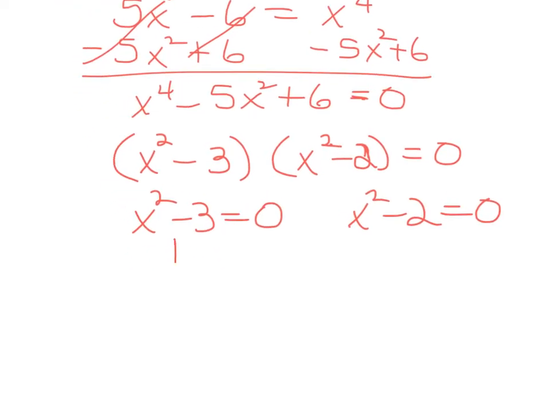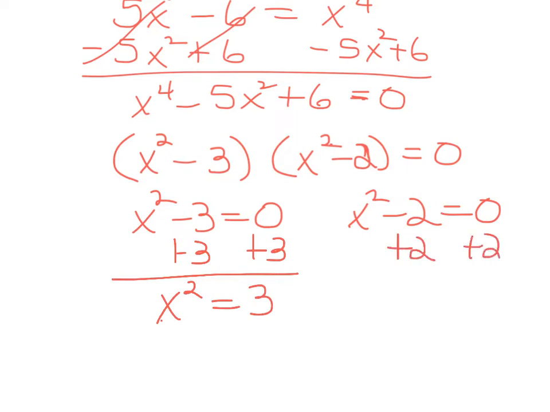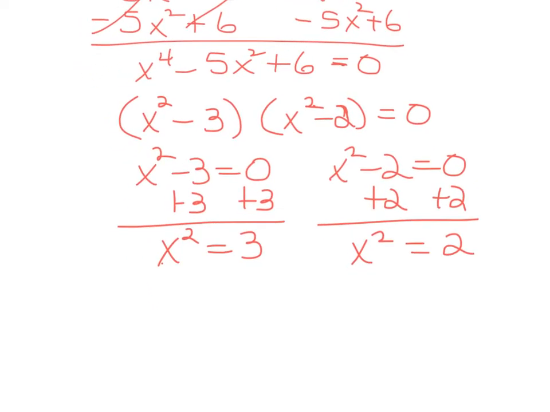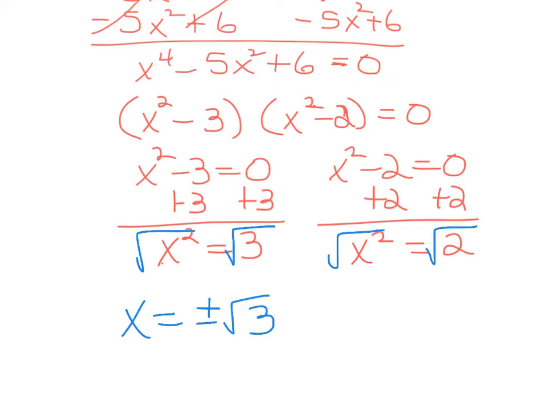And I will add the 3. Over here, I'll add the 2. And then to solve this, you square root. And you get x equals plus and minus the square root of 3. And here you get x plus and minus the square root of 2.